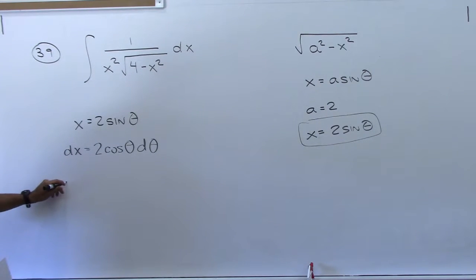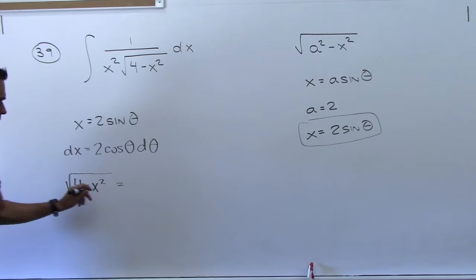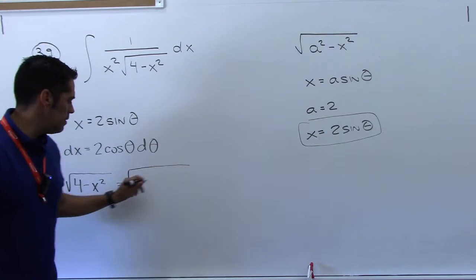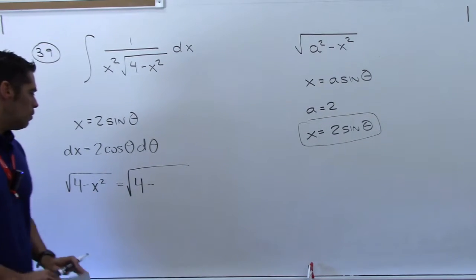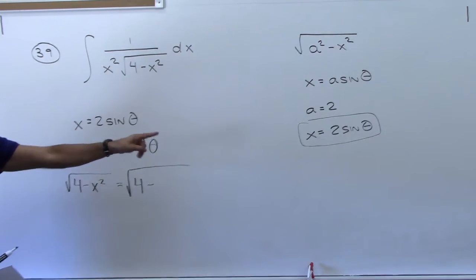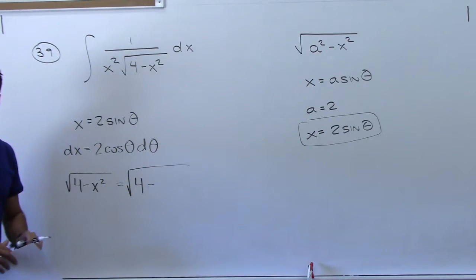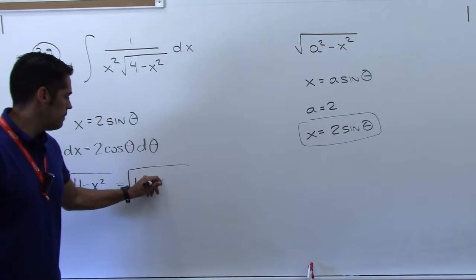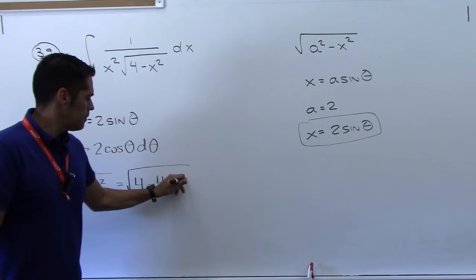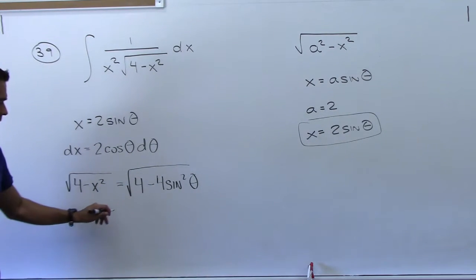And this is the part that some people were getting stuck on in class. Okay. This is equal to the square root of 4 minus what? If we rewrite x, it's 2 sine theta, but squared, right? So what happens? You get 4 sine squared theta. And then what can you do here? Take a 4 out.